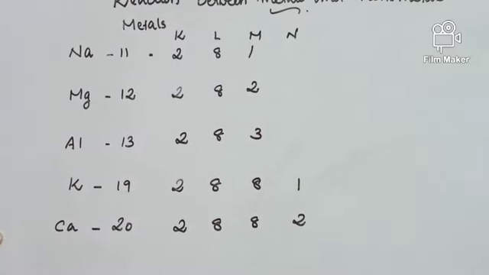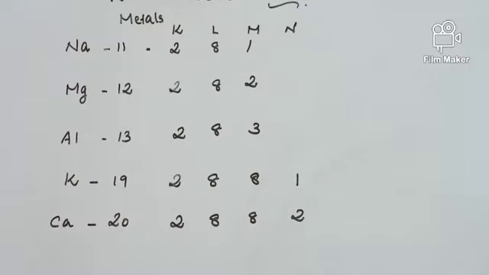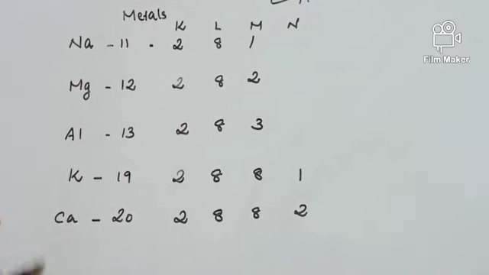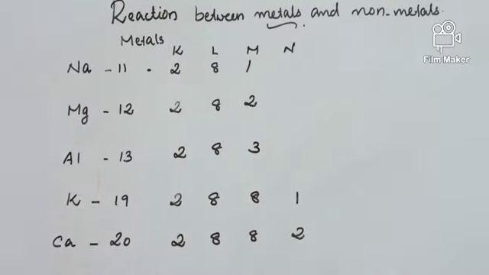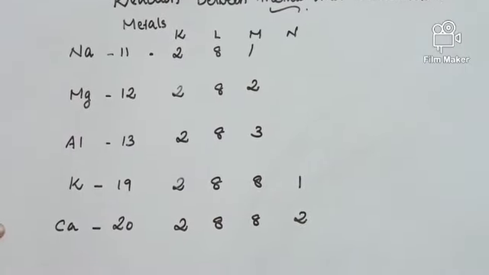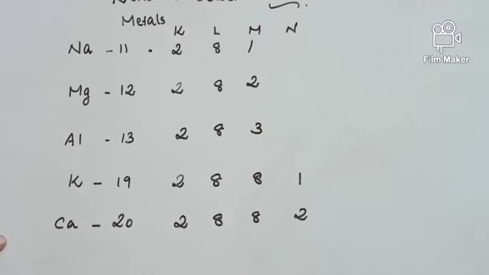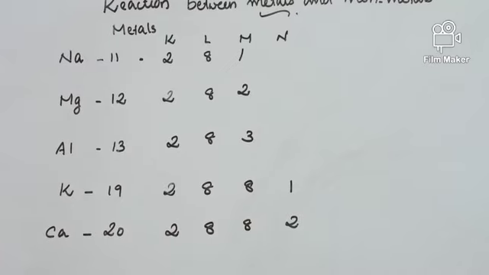You learned writing electronic configuration in 9th standard, that's why I am moving fast. Sodium, magnesium, aluminium, potassium, calcium are all metals, and we have written their electronic configurations. A metal or any element undergoes a chemical reaction in order to attain stability.